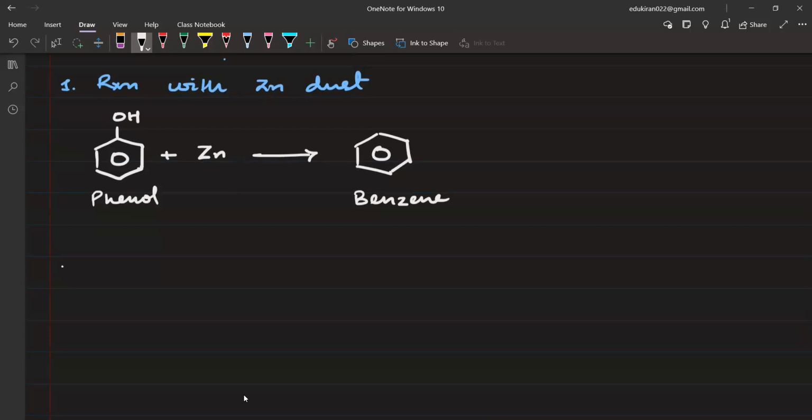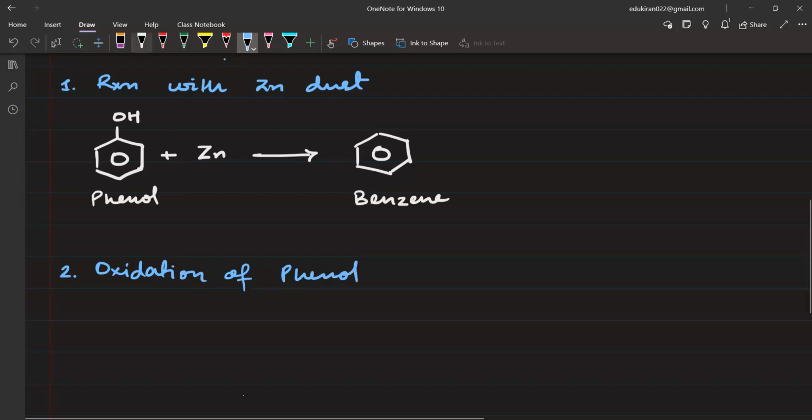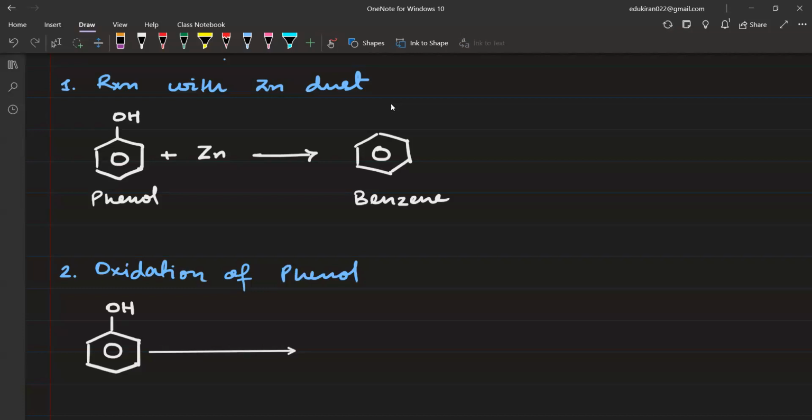Next. Even this reaction, it sometimes comes in the board examination. That is the oxidation of phenol. Plus, you can use reagents such as Na2Cr2O7 or also K2Cr2O7 in the presence of acid.